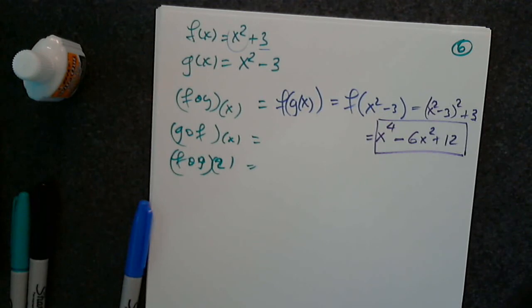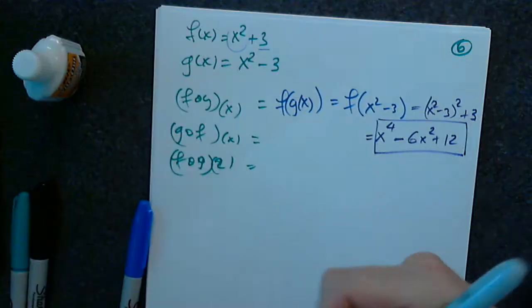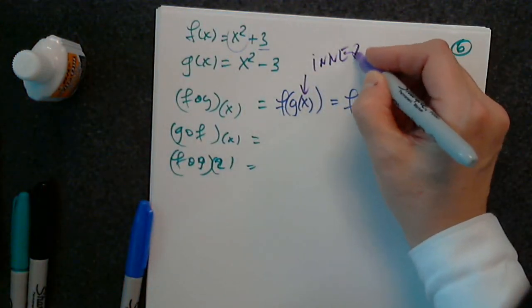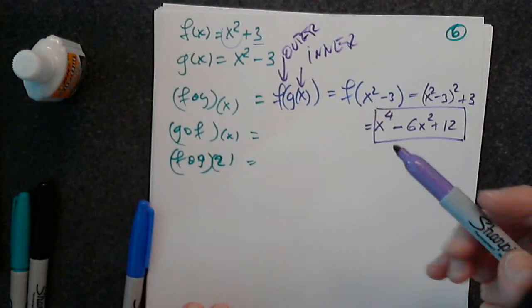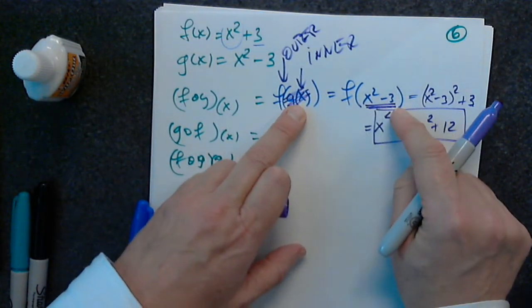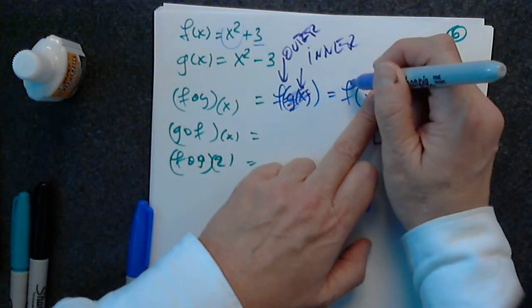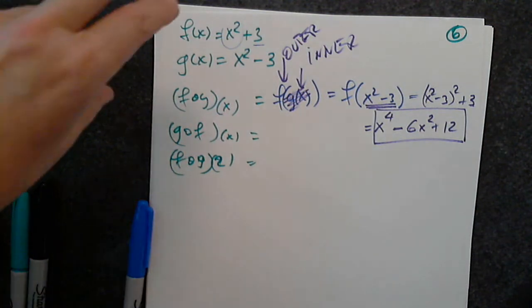The function that we apply to x first is g. G is the inner function. That's the first replacement. So this is the inner, and this is the outer. So first to x, I apply g, replacing it by x squared minus 3. Then I apply the function f to this new number, and that's how we get the result.